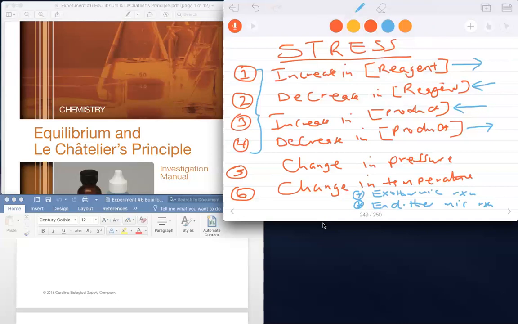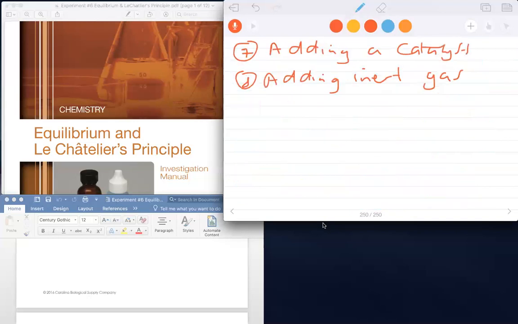All right, looking at the temperature, I'm just going to write first of all the thermochemical equation. This is a thermochemical equation.